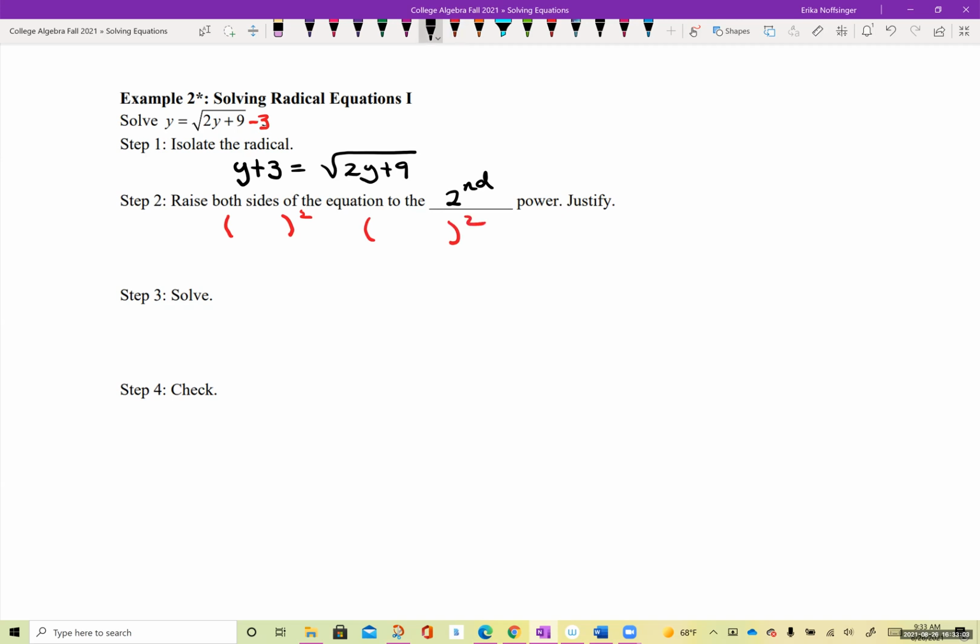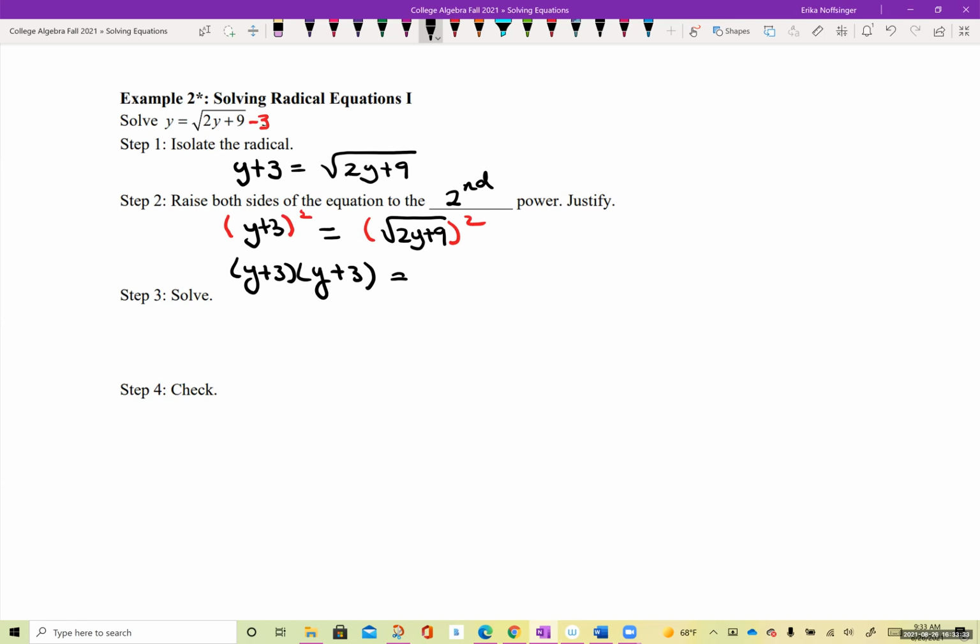So I have y plus 3 quantity squared is equal to the square root of 2y plus 9 quantity squared. So we're doing that to get rid of the radical on the right-hand side, but we're going to need to distribute y plus 3 times y plus 3. Because there's addition, there's more than one term in here, we can't just square each piece.